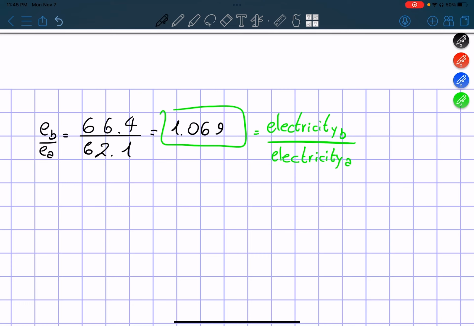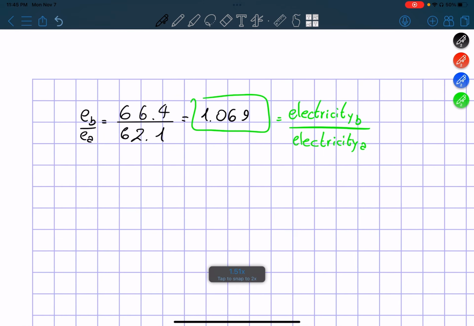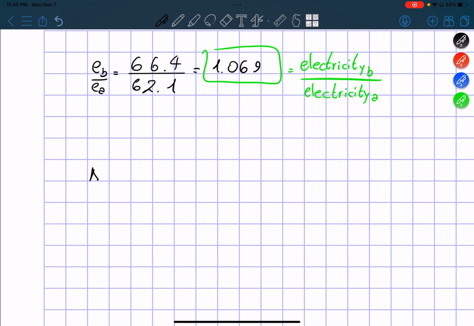Now that we know that, we can find the difference in revenue.